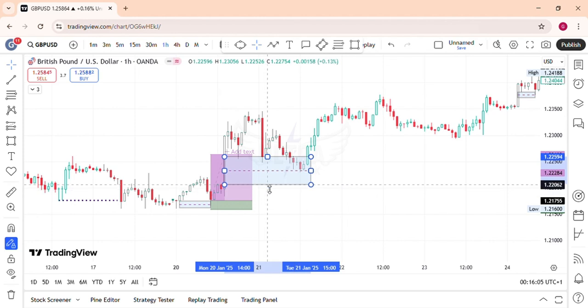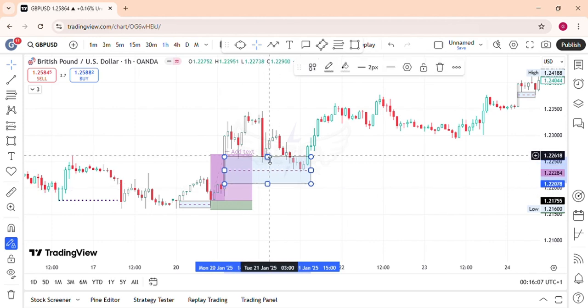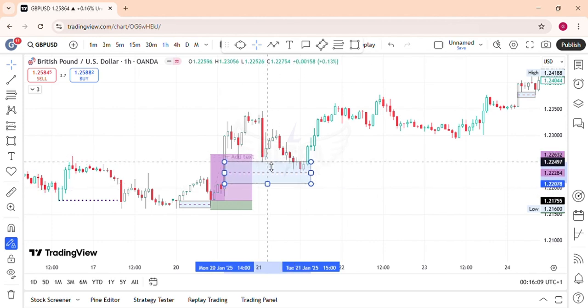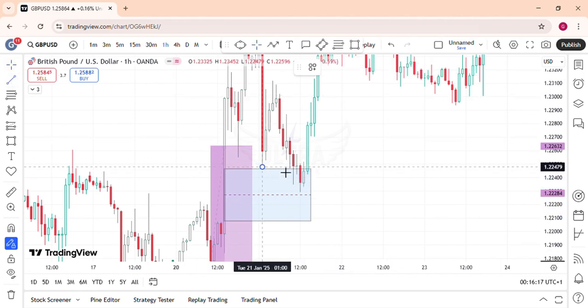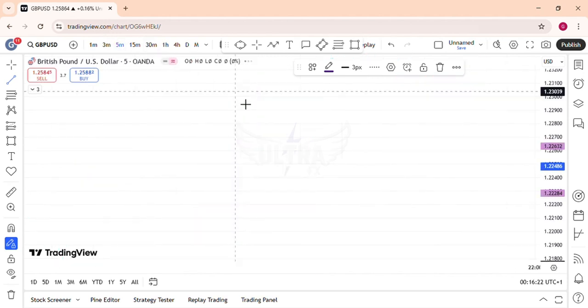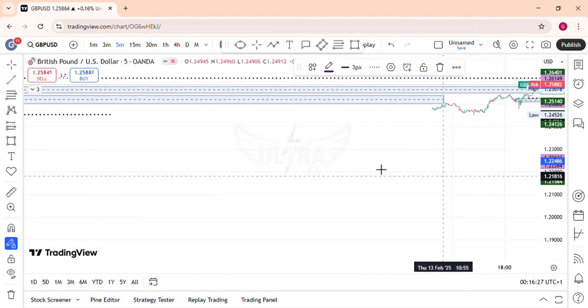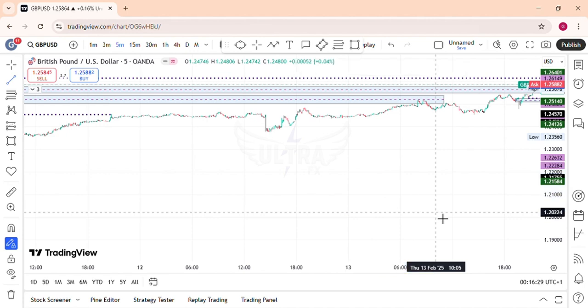So we are just expecting the market to take this low, and then we will go to the 5-minute time frame.